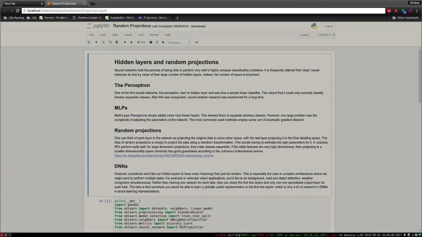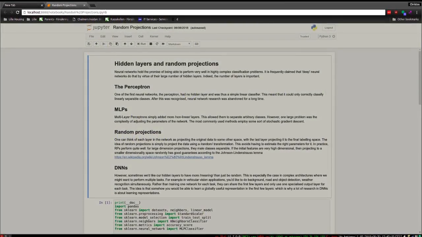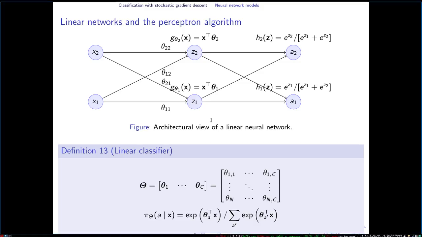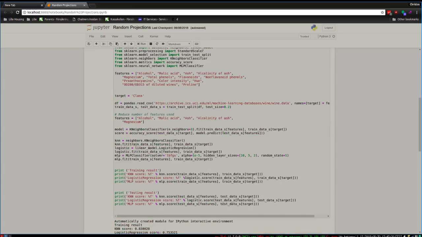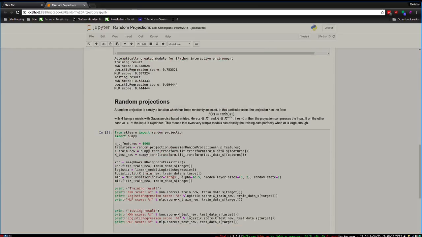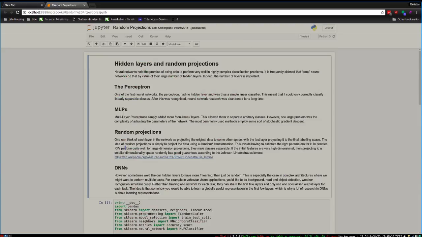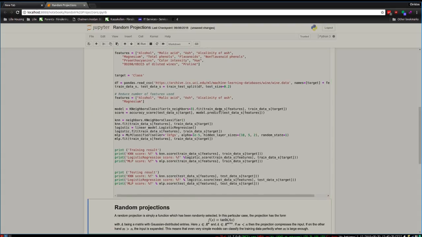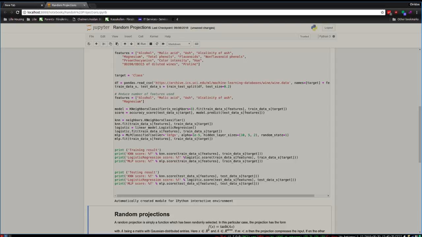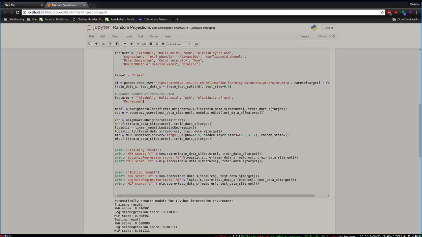Okay, here it is. In this specific example, I have a simple multi-layer perceptron with more than one hidden layer, so it can have nonlinear projections, so it can do other things than hyperplanes. And there is logistic regression, which is basically a linear neural network, another name for it.